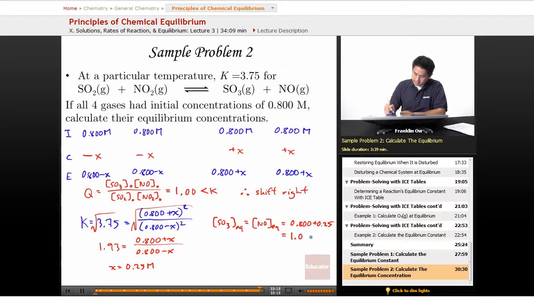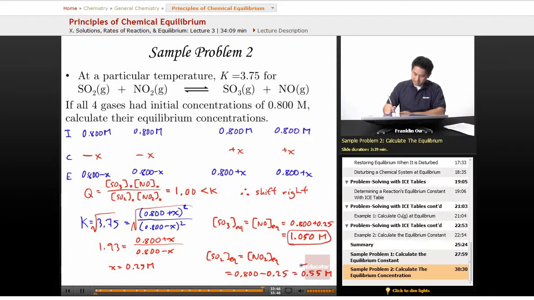That's going to be 1.050 molar, and the concentration of SO2 at equilibrium is equal to the concentration of NO2 at equilibrium, and that's going to be equal to 0.800 minus 0.25, everybody. And we're going to get 0.55 molar for these guys.